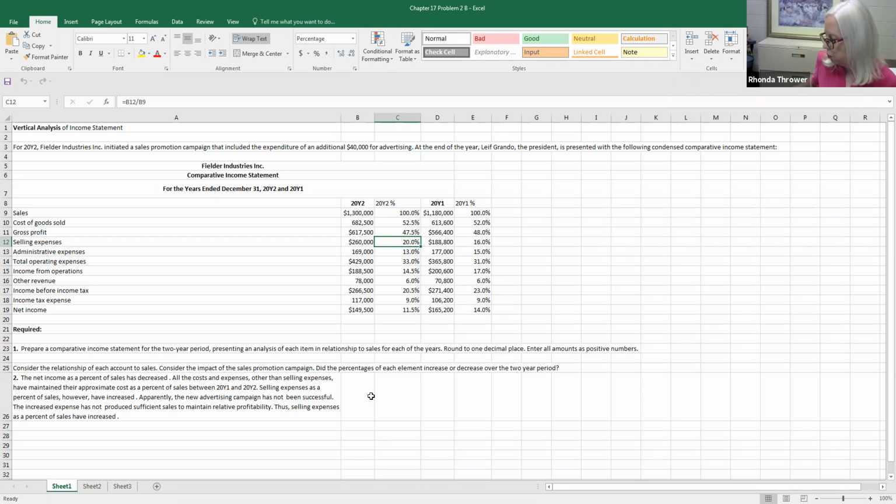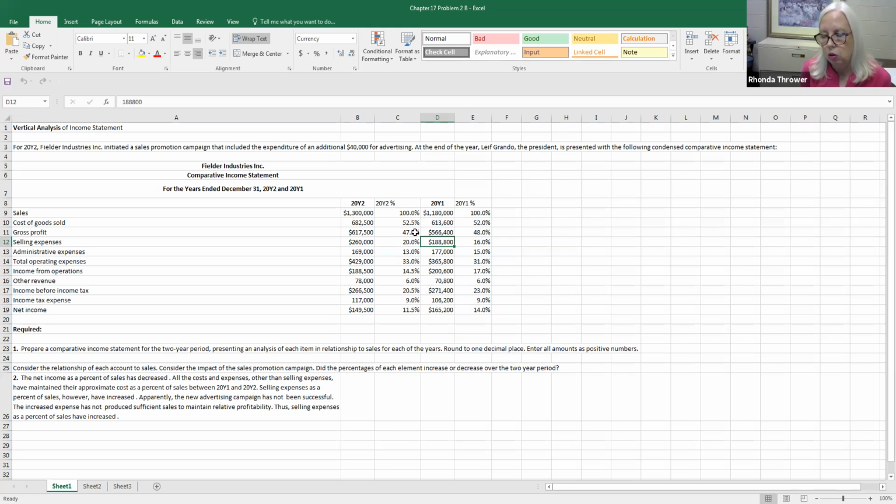For this particular problem, since your sales were higher in 2002 than 2001, there was a 10% increase in sales. Our selling expenses are higher in 2002 than 2001 also. There would have been an increase in selling expenses of 37%.